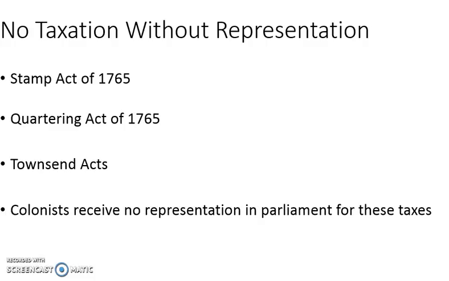They threw in the Quartering Act, which meant that the colonists had to give up their housing and property to the British. They passed the Townshend Acts, which was a various array of taxes, all without the colonists receiving any representation from their Parliament. They had no say in any of this. Britain passed the laws, and the colonists were rendered helpless.